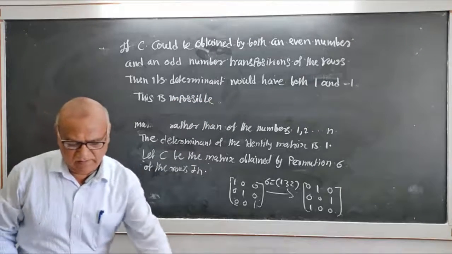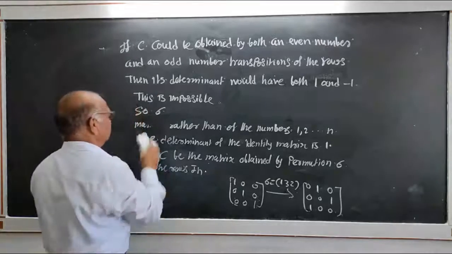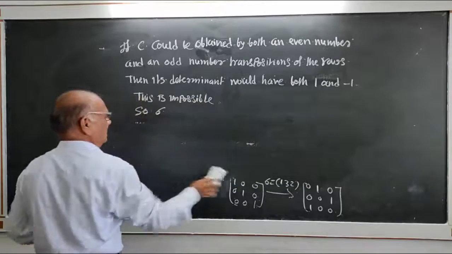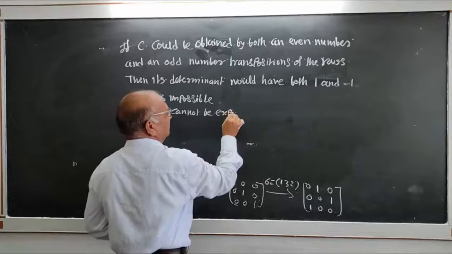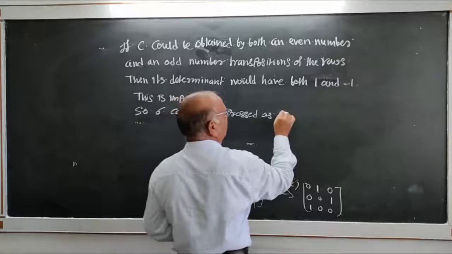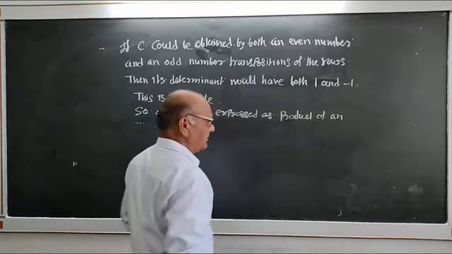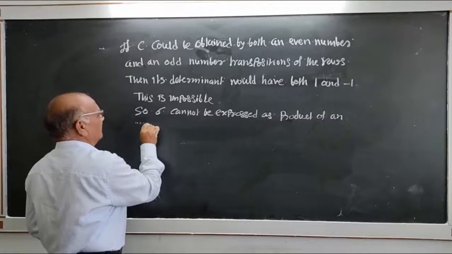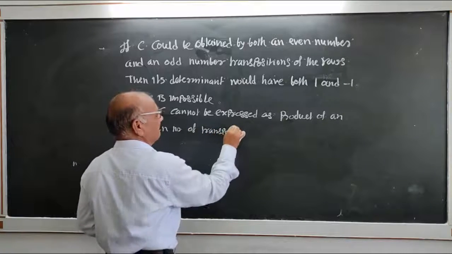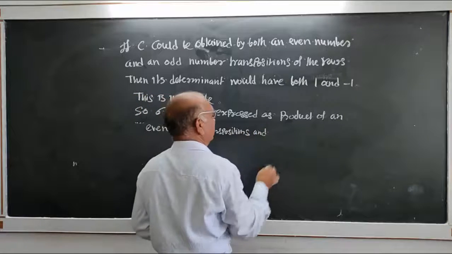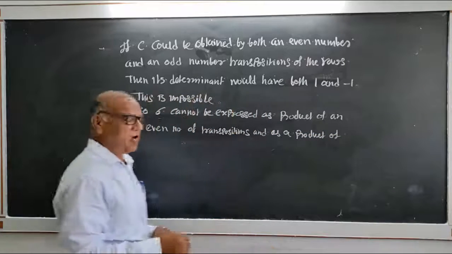So sigma cannot be expressed as a product of an even number of transpositions and as a product of an odd number of transpositions.